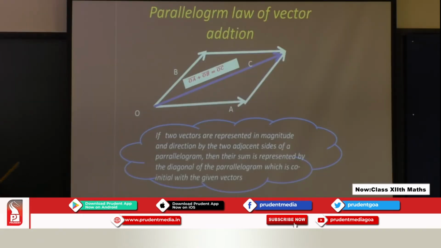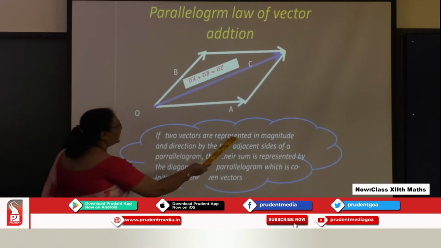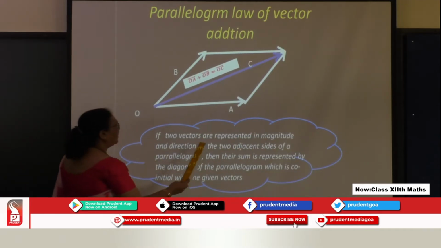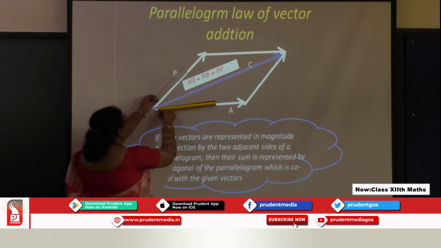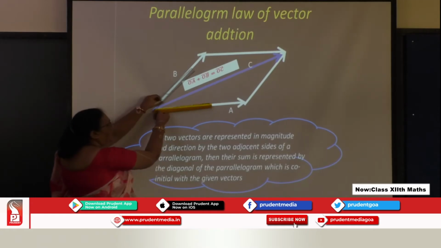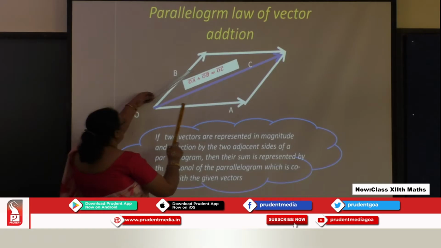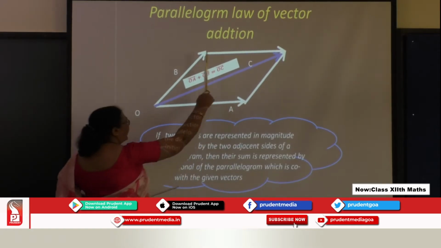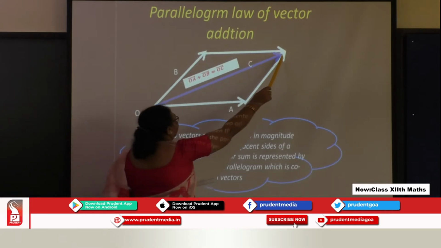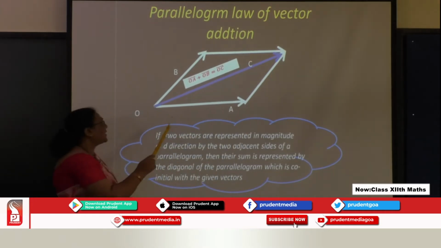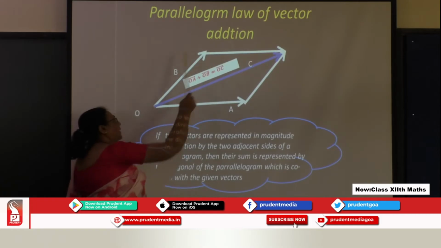Next one, parallelogram law of vector addition. If two vectors are represented in magnitude and direction by two adjacent sides of a parallelogram, see this and this, these are the two vectors, two adjacent sides of a parallelogram, then their sum, OA plus OB, is given by OC, the diagonal of the parallelogram.